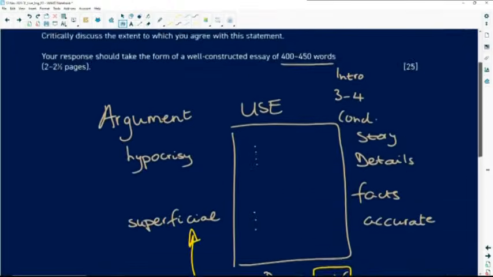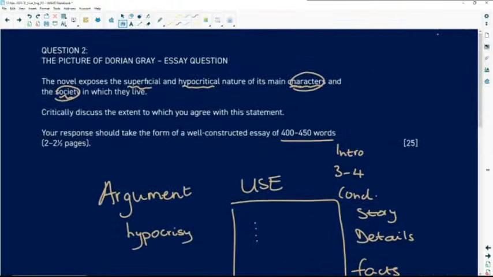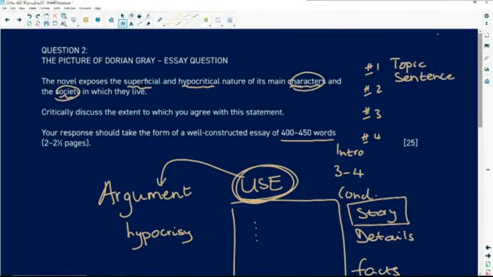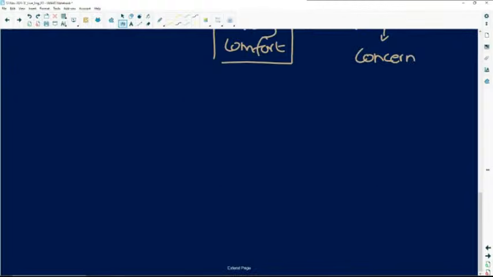So when you are preparing an essay like this, yes, I do want the story, but you are using the story to develop an argument. So each body paragraph, let's say we're going to have 4 body paragraphs, must begin with a topic sentence. And that topic sentence is your argument. Many use PEEL or PEAL.